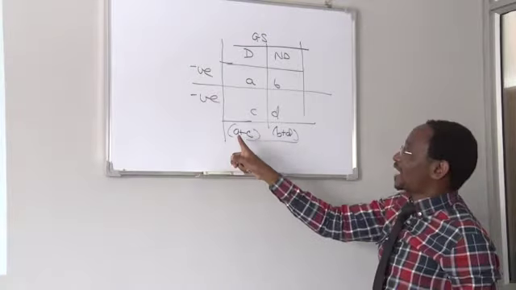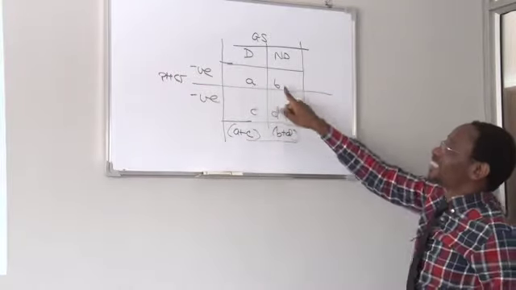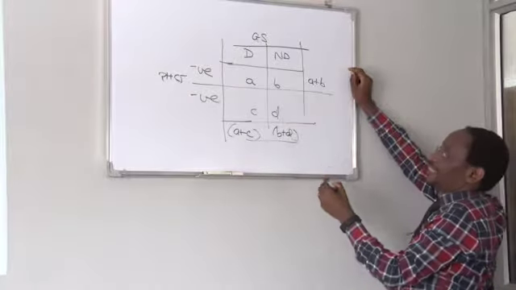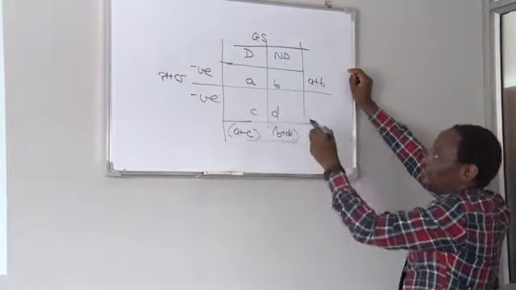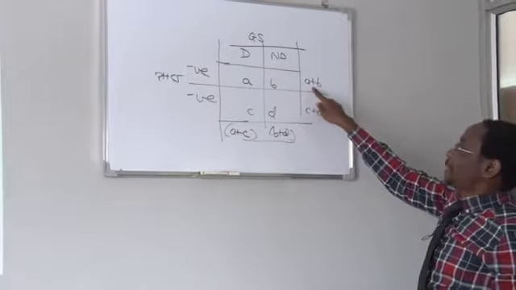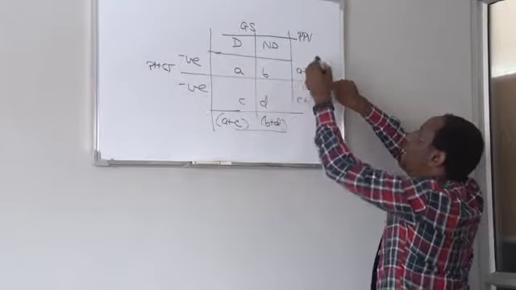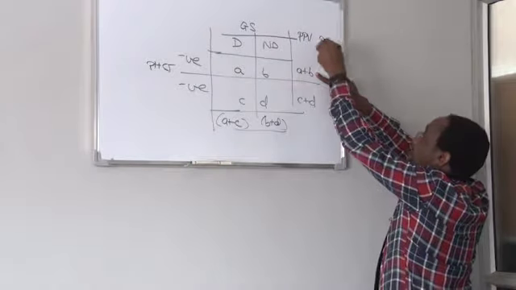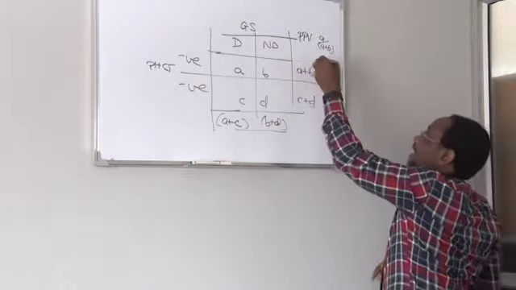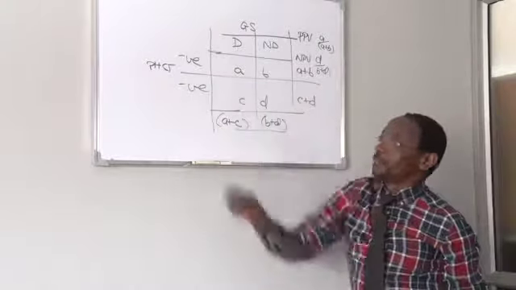Now, if we work in reverse and first apply our public health screening test, those who test positive will be A plus B. And those who test negative with our primary healthcare screening test will be C plus D. Therefore, the probability of having the disease when you test positive, that is the positive predictive value, is A over A plus B. While the negative predictive value, that is the NPV, is D over C plus D. So in essence, instead of looking downwards, we are now looking this way because we are starting with the public health screening test.